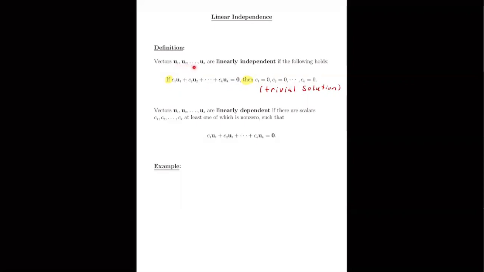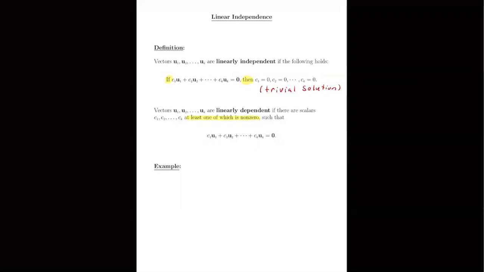Now, if a set of vectors are not linearly independent, then they are linearly dependent. But we can be a bit more precise than that. So vectors u1 up to uk are linearly dependent if there are scalars c1 up to ck, at least one of which is non-zero, such that this equation holds. And the key here is at least one of which is non-zero.